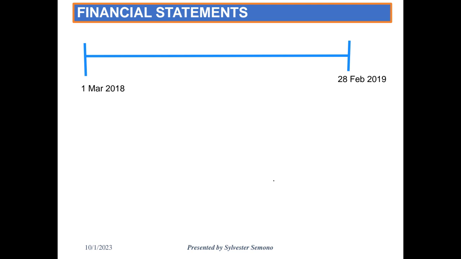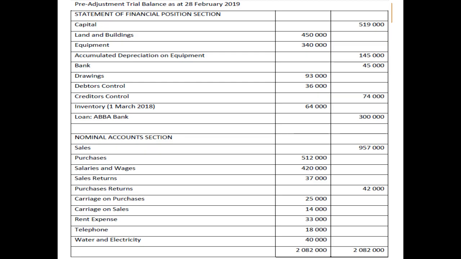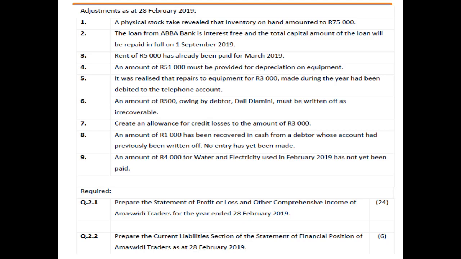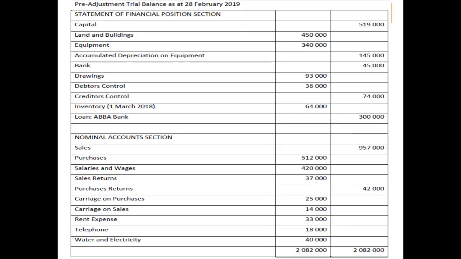After doing that, we can just go and record in our financial statements. For this one, I'm dealing with the statement of profit and loss. In the profit and loss, we focus on the incomes and expenses. Let's start with the income. What do you think we must start with when we deal with the statement of profit and loss?